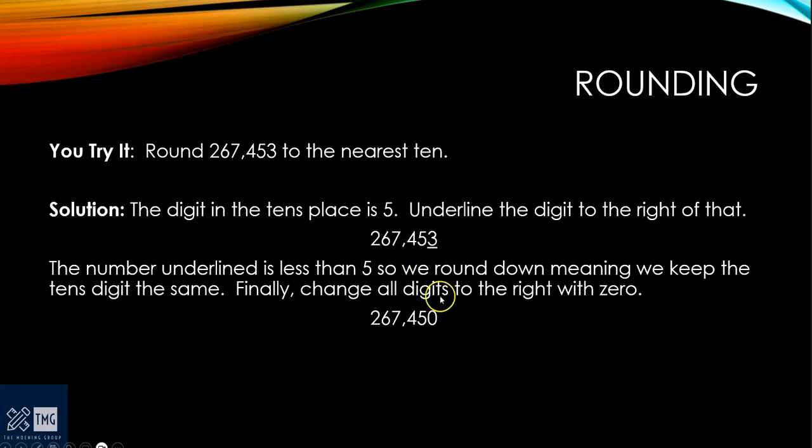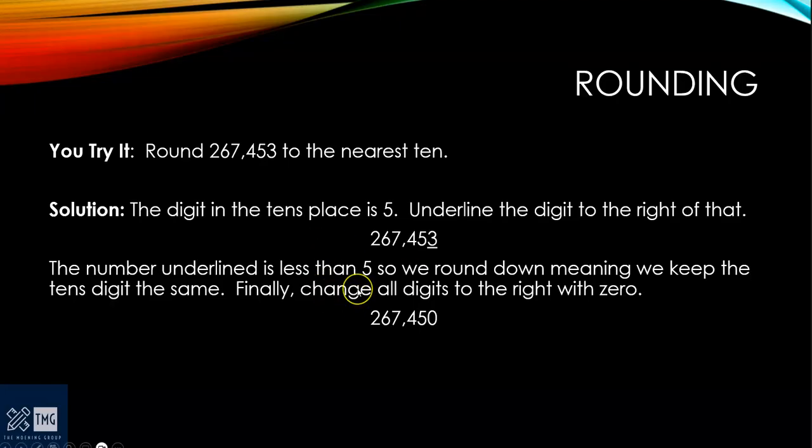So we're going to round down, meaning the 5 stays the same. Remember, the 5 and everything to the left stay the same. 267,450. So really, the digit that is underlined and any other digits to the right all become zeros. And that's how we get there.